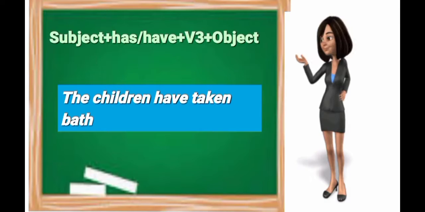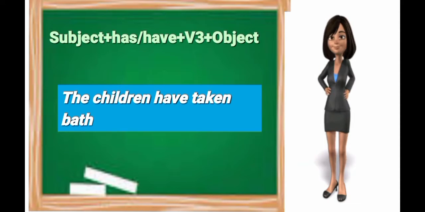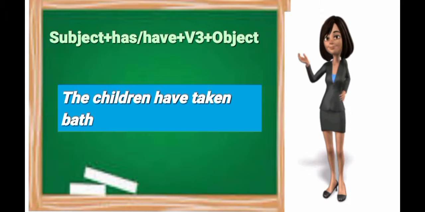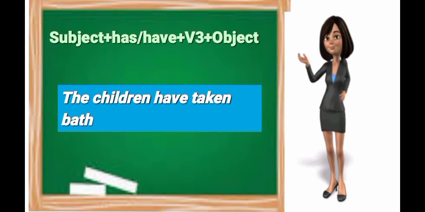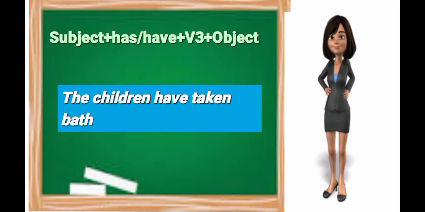So the rule of present perfect tense is subject plus has, have plus V3 plus object. So as we can see, our example of this tense is: the children have taken a bath. So what is our subject? Our subject in this example is the children. And our verb indicating action is have. And our verb 3 is taken.